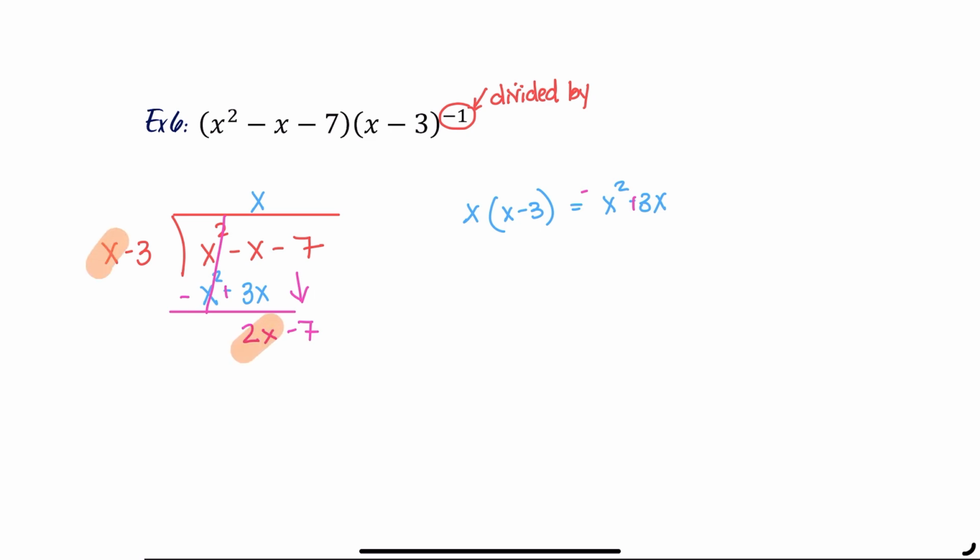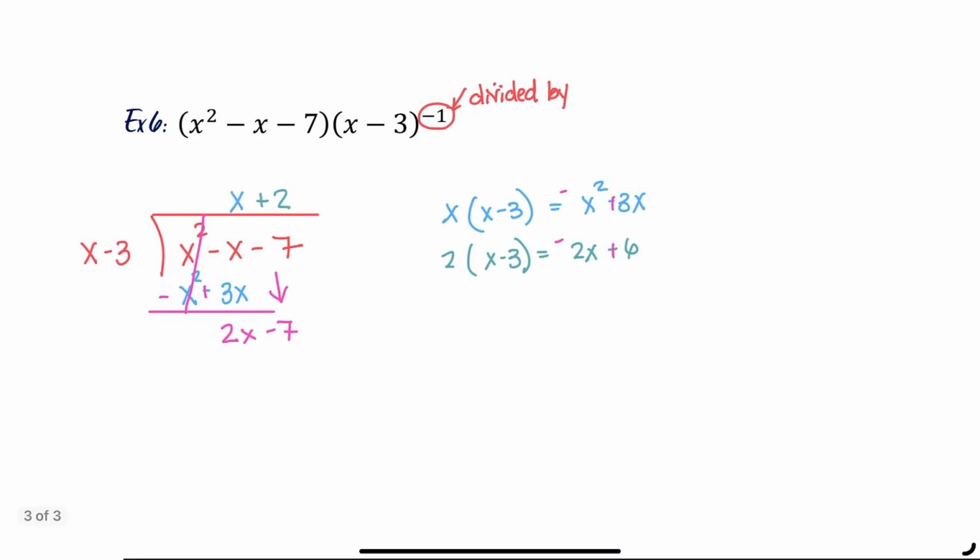I'll take 2x divided by x, which gives me simply 2, and it's positive, so I'm going to make that a positive 2. Complete my multiplication in my long division step, 2x minus 6, and I'll go ahead and distribute those negatives so that I can subtract out a negative 2x plus 6.